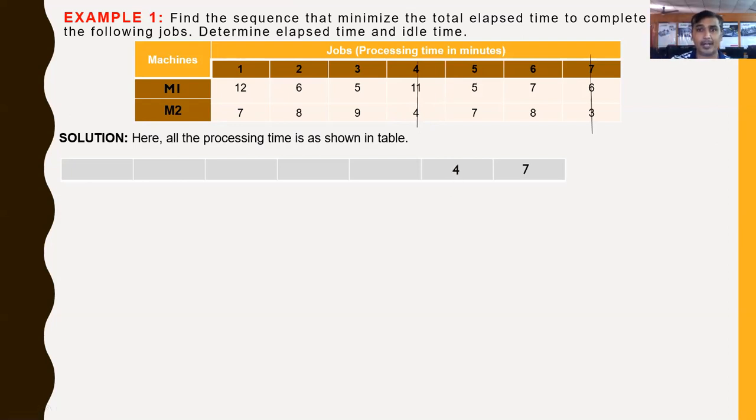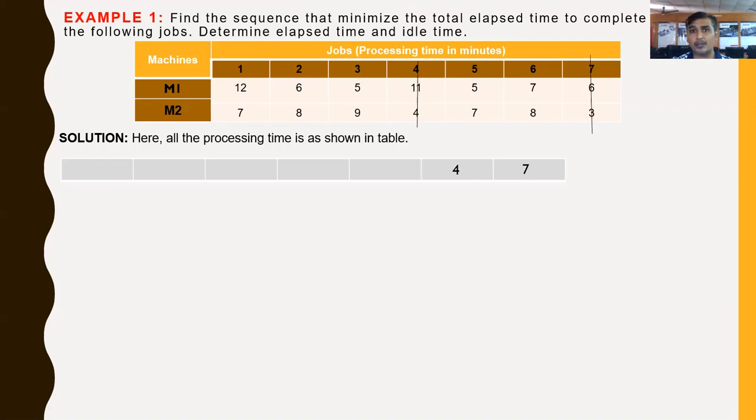Okay, next minimum processing time is 5 minutes. Here is a tie between job number 3 and job number 5. Both machining times are 5 minutes. I already told you, when there is a tie, we always prefer first come first serve.